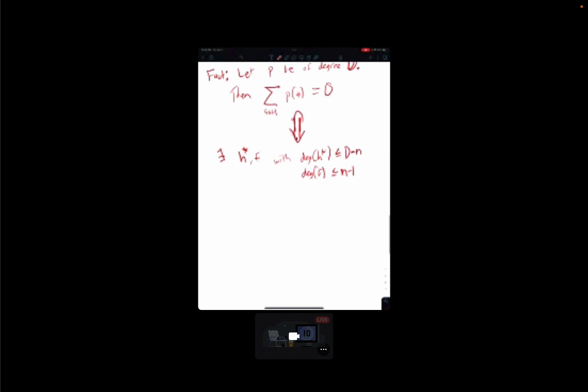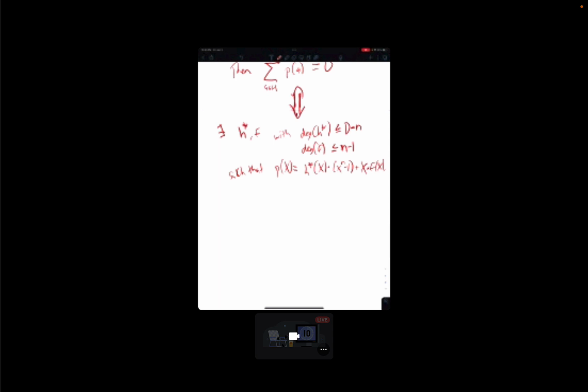We'll find out. Such that P of X equals H star of X times X to the N minus 1, plus X times F of X. Now here's what's happening. This X to the N minus 1 is called the vanishing polynomial for the nth roots of unity.